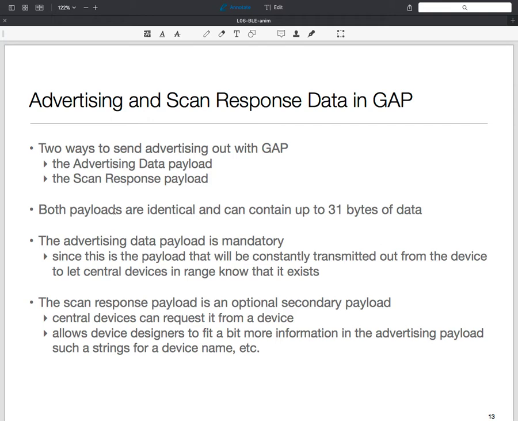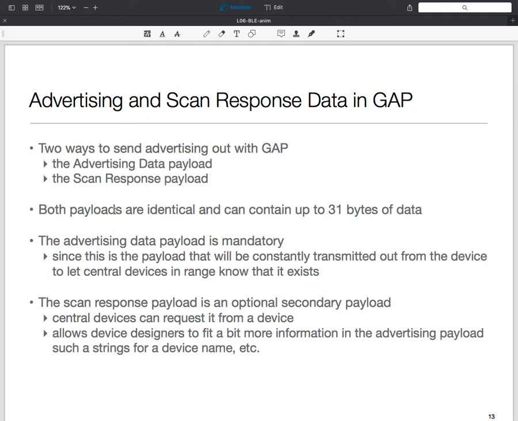Okay, and both payloads are 31 bytes. So essentially, the advertisement data, the initial one, is mandatory. It has to be always transmitted. It has to follow certain protocols. The scan response payload is an optional one, and devices have to request it. So the main idea is that you can essentially send 62 bytes. Okay, that's really what it boils down to, if the central device requests it. So 31 bytes is mandatory, the next 31 bytes is optional.